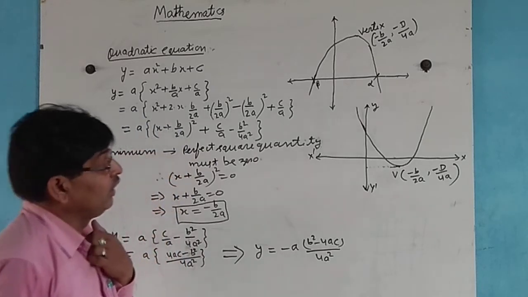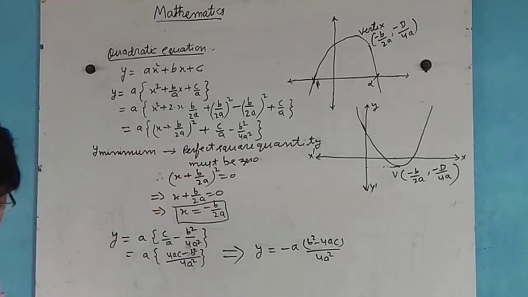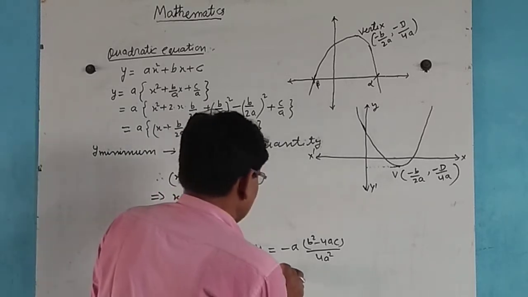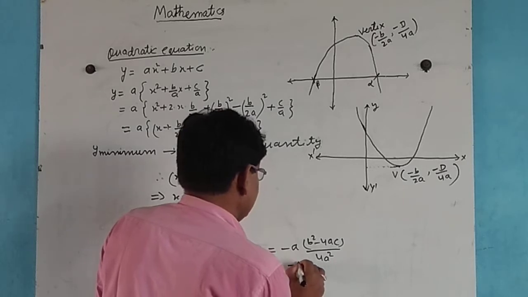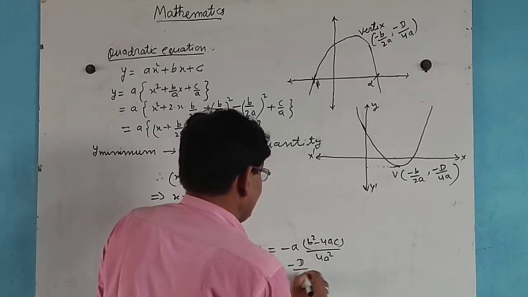Here a cancels and b square minus 4ac equal to D, so y equals minus D divided by 4a.